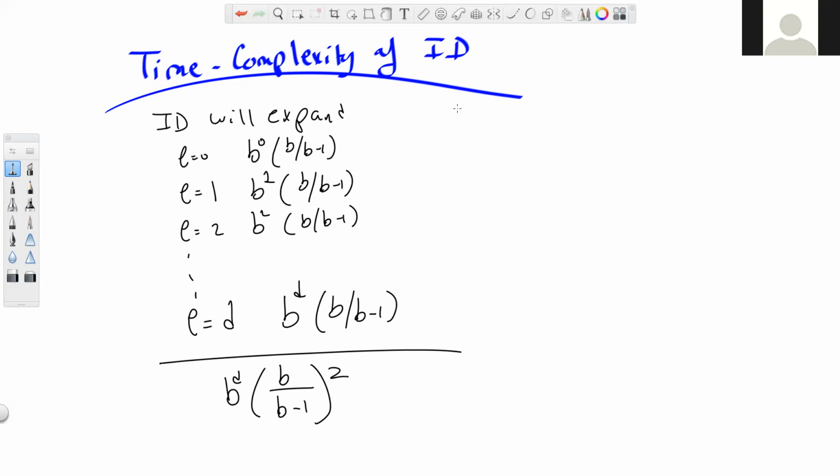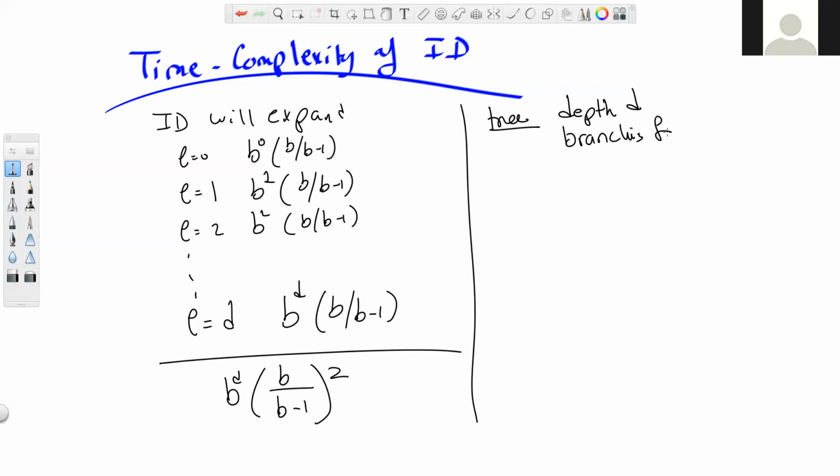Now, if you're looking at a tree of depth d, branching factor b, we already said that the number of nodes is b to the d times b over b minus 1. We did this derivation in the first hour, okay?